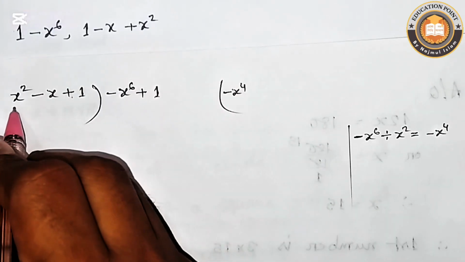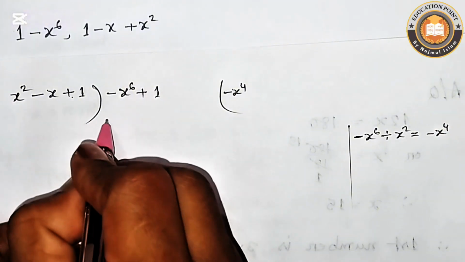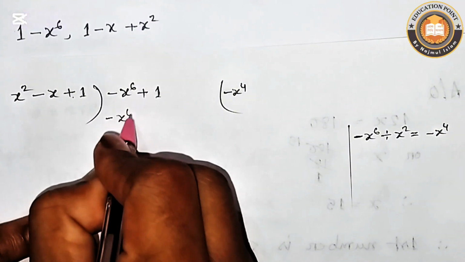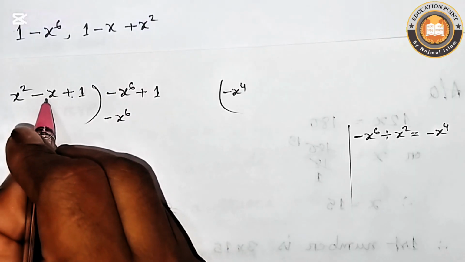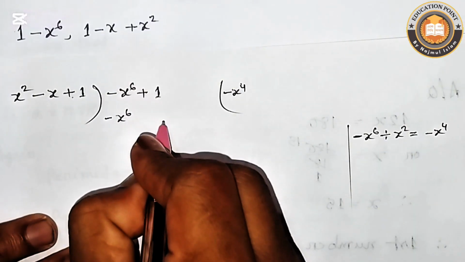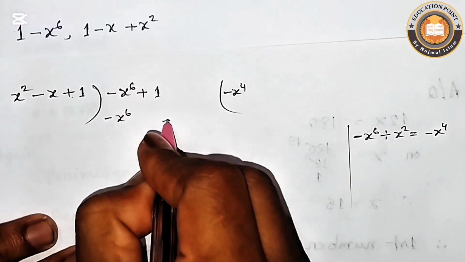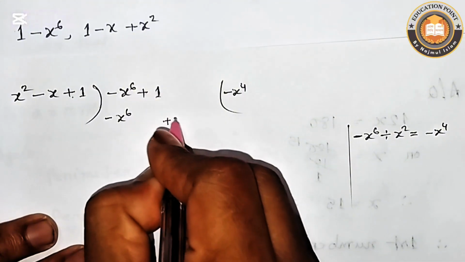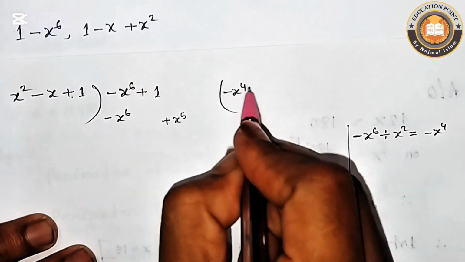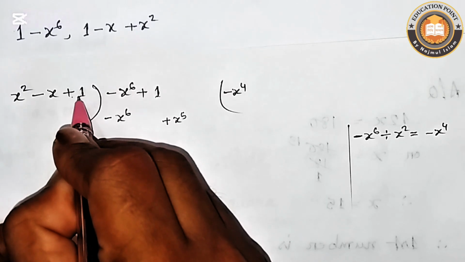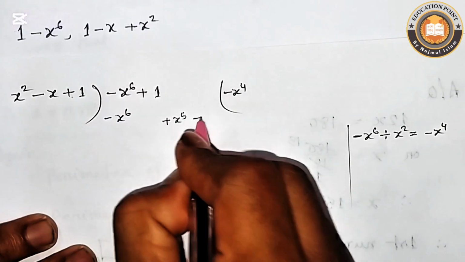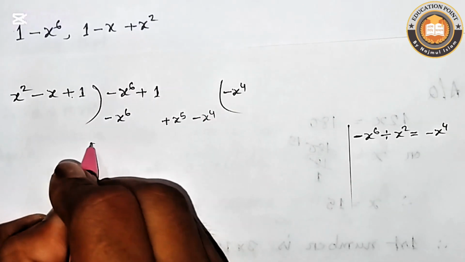Minus x to the power 4 multiplied with x square equals minus x to the power 6, then minus x to the power 4 multiplied with minus x equals plus x to the power 5, then minus x to the power 4 multiplied with plus 1 equals minus x to the power 4.